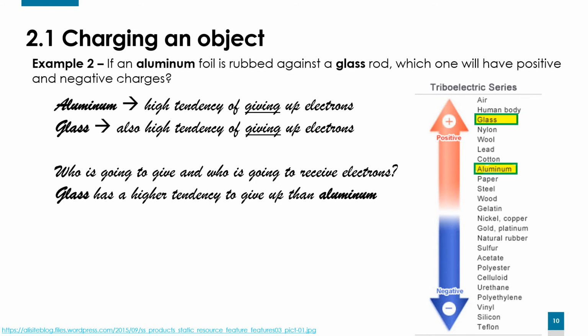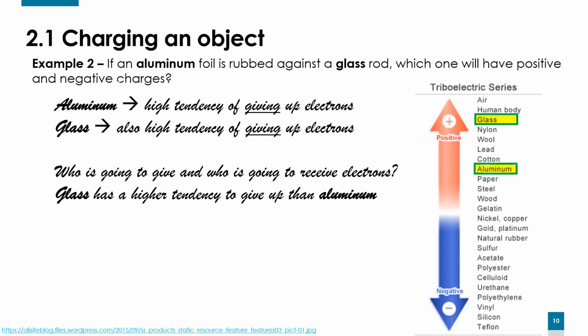Glass has a higher tendency to give up electrons than aluminum. If you observe in this chart, glass is above aluminum. It means glass has even more tendency to give up electrons. It means glass holds its electrons weakly when we compare to aluminum.